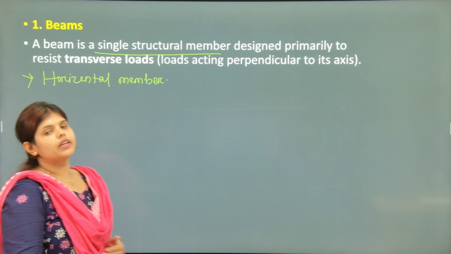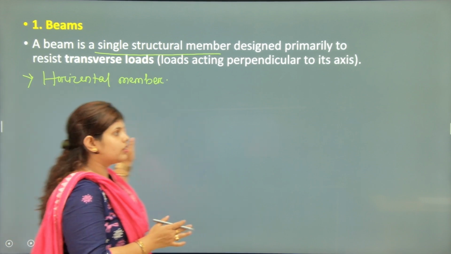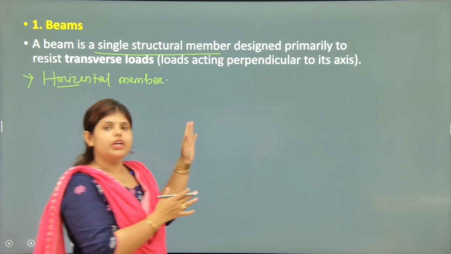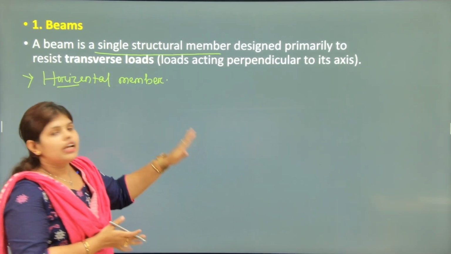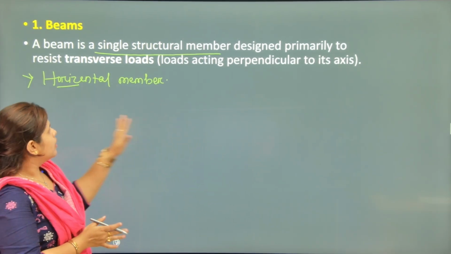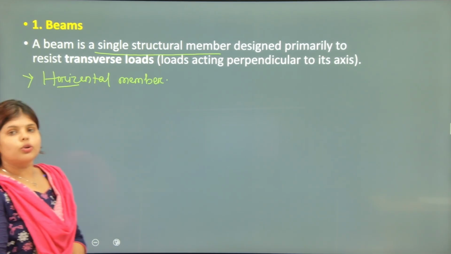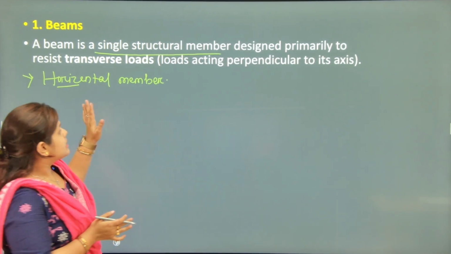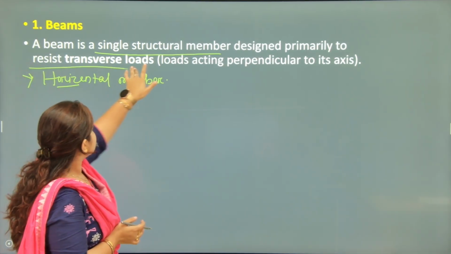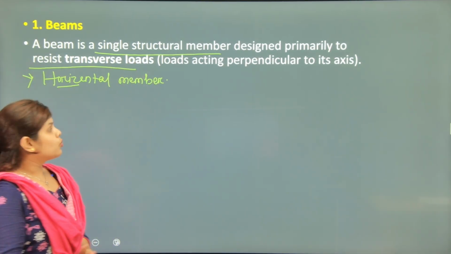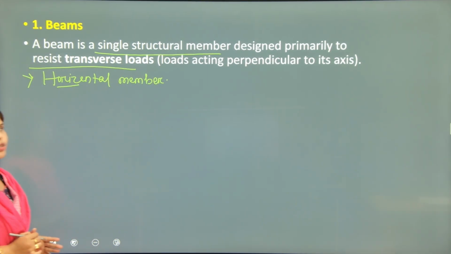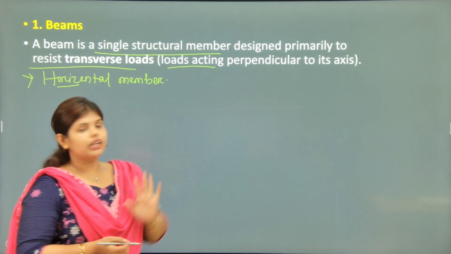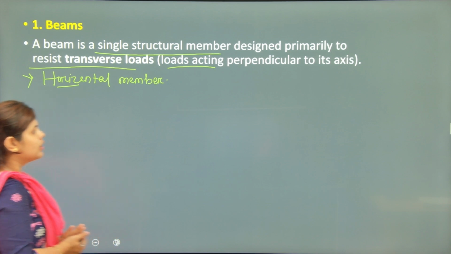A beam is a structural member with one horizontal member, because whenever we have a vertical structure, that is called a column. So the single structural member or horizontal member is designed primarily to resist transverse loads. To resist what? Transverse load. Transverse means a load acting perpendicular to its axis.